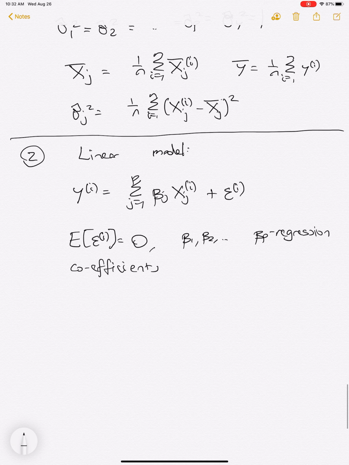So that's going to be the model. In today's lecture or the following lecture, we're going to relate back to this linear model to determine how well our estimators, which I'll discuss shortly, are performing.